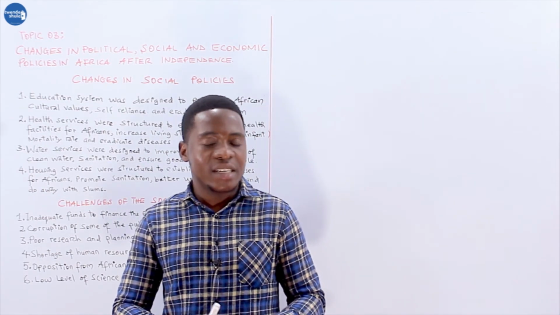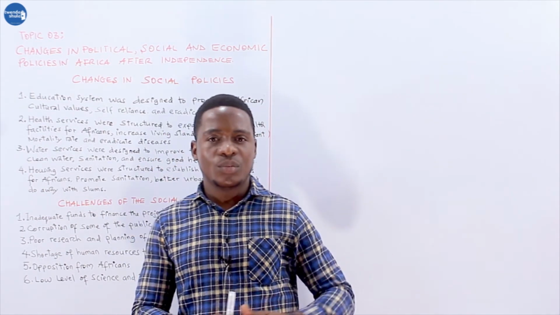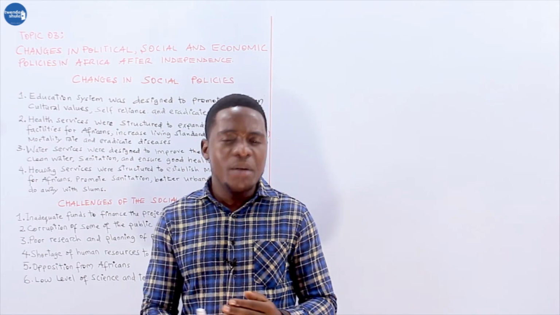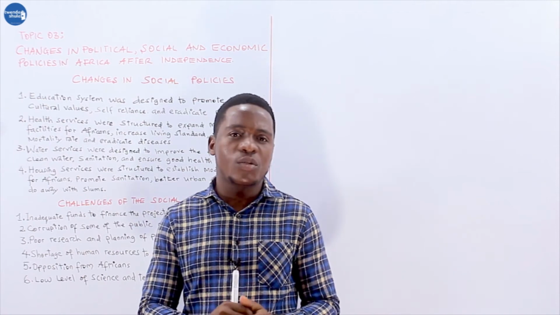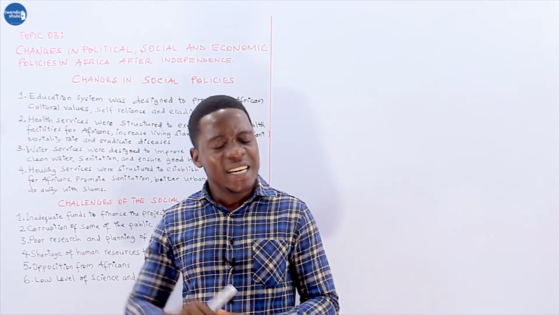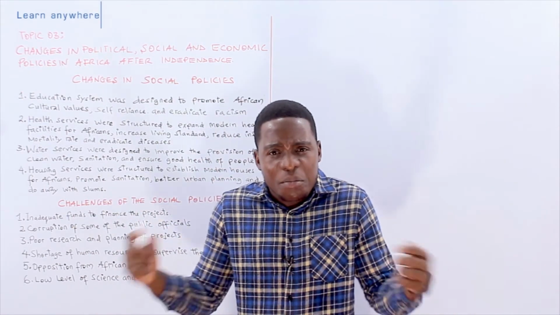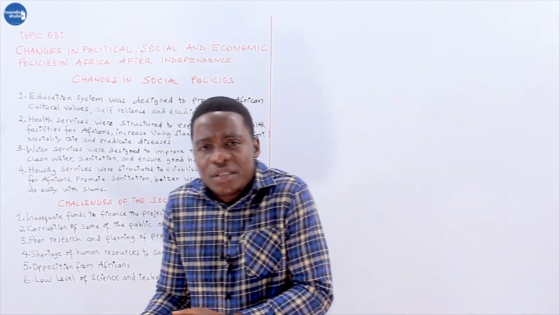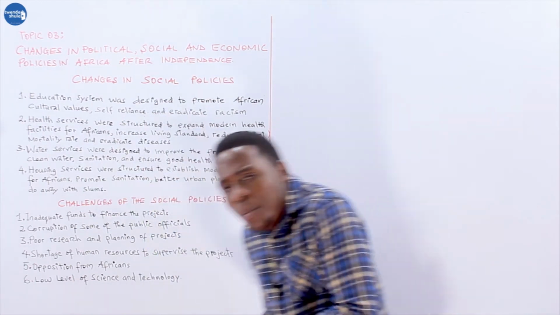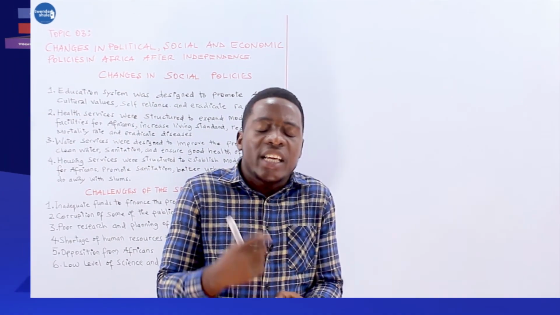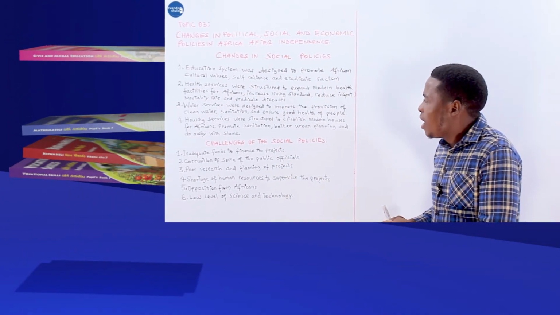Like here in Tanzania, in Dar es Salaam, we had Muhimbili Hospital, which provided modern health services to the people. And in each region, we constructed a hospital so that people would be able to access health services. We were no longer promoting health services for the whites. We were now promoting health services for the Africans.